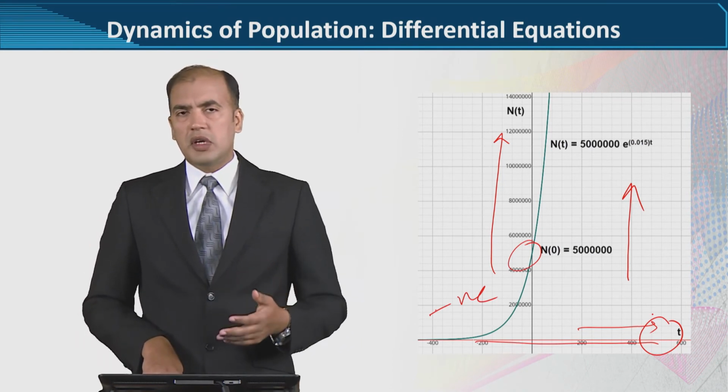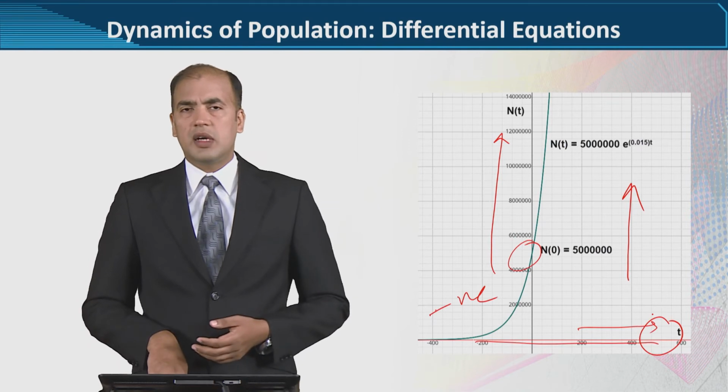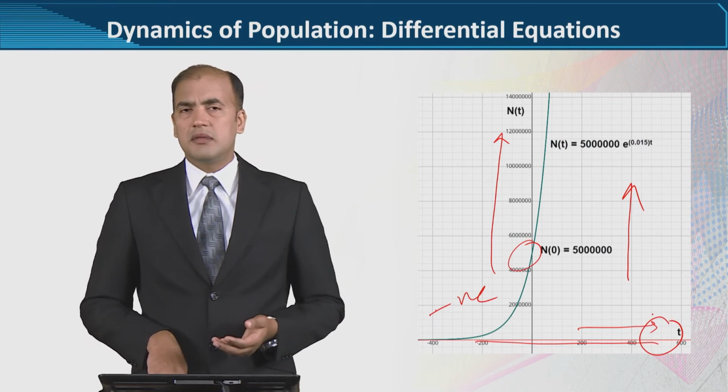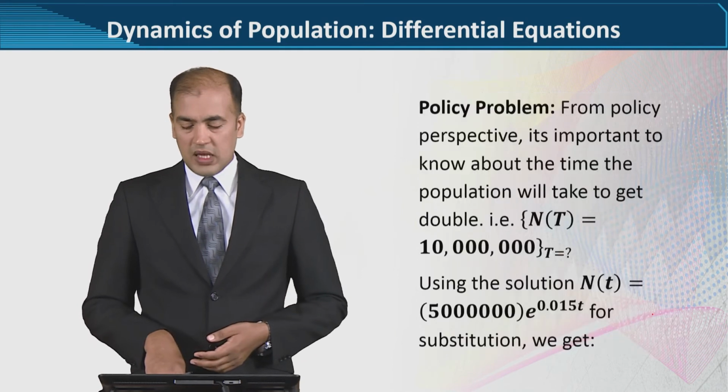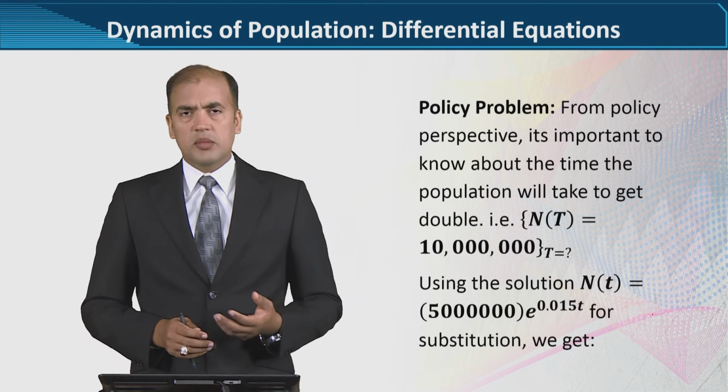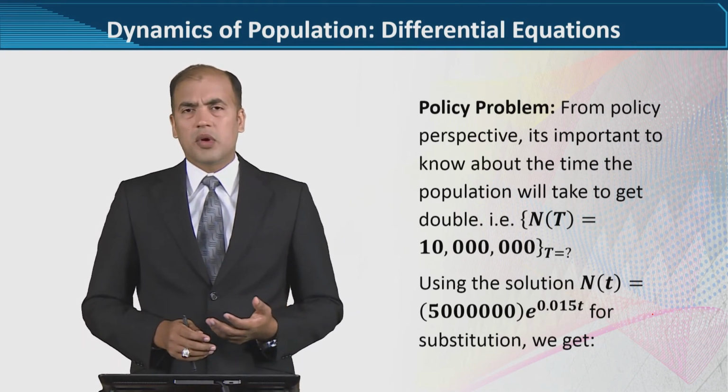So graphically it is also visible that we are having a divergent case, and the time path is dynamically unstable.